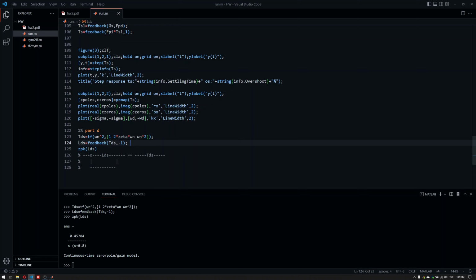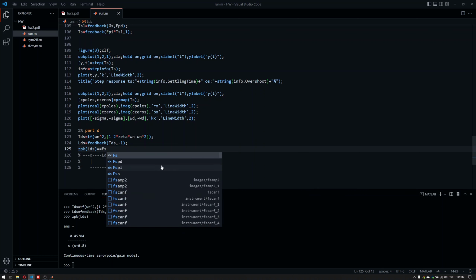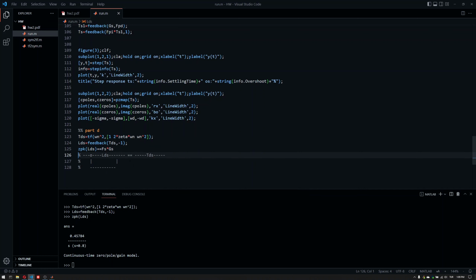We are inverting it, and if we divide this by GS, we will come up with an FS that will give us this loop transfer function. If we multiply FS and GS, we should end up in LDS. We can see that dividing by GS should give us the controller, the model matching controller that we are looking for. So there we go. This is the controller that we should design.